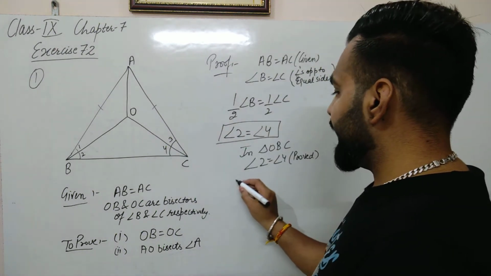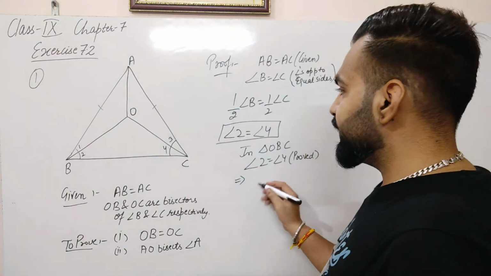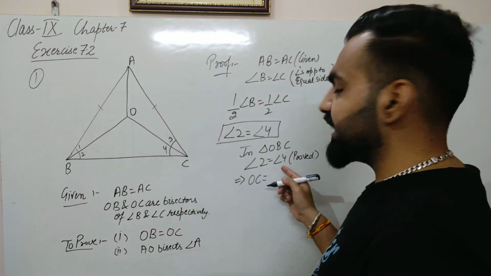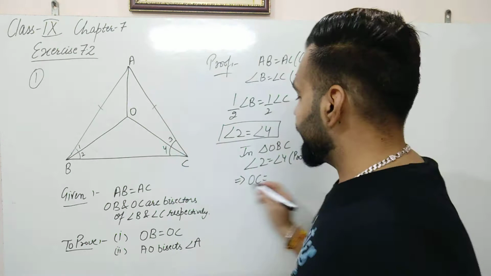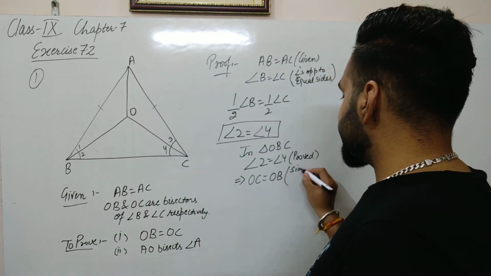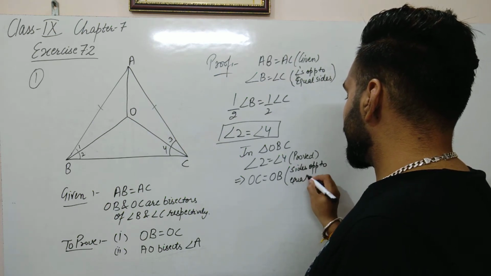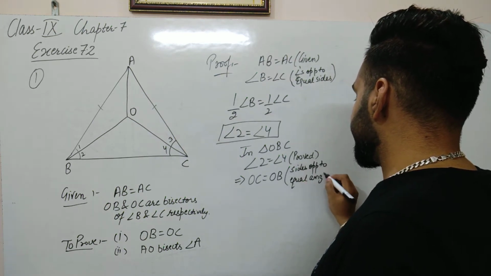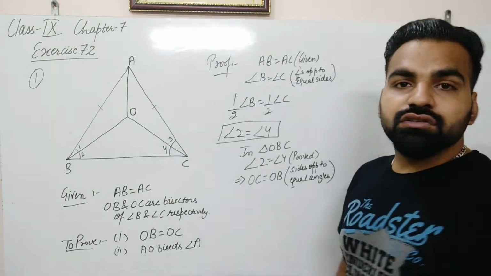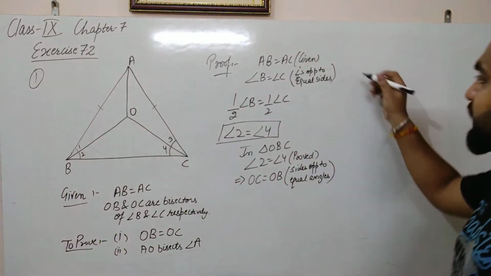So from here we can see that side opposite to angle 2 is OC and side opposite to angle 4 is OB. So OC will be equal to OB, sides opposite to equal angles. Clear? So the first part is proved here: OB is equal to OC. This is the first part.